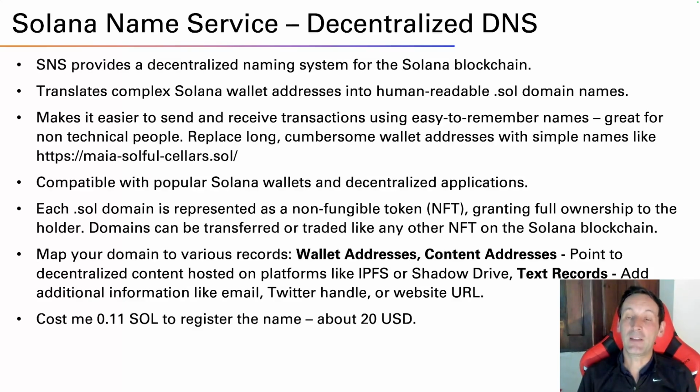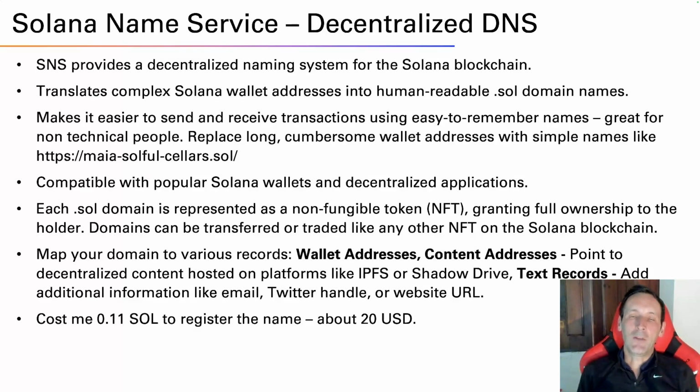SNS basically does the same thing, but it translates easy-to-remember .sol names into long, complex Solana wallet addresses. So that's basically, in a very easy way, what it does. It's very similar to the traditional DNS, but it's for Web3.